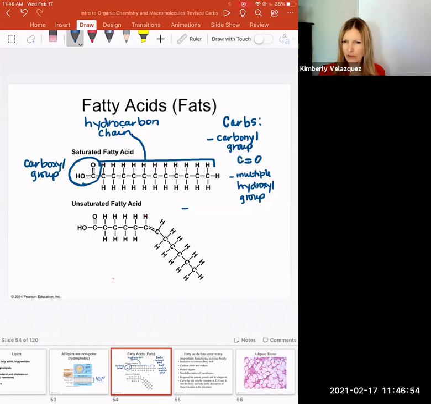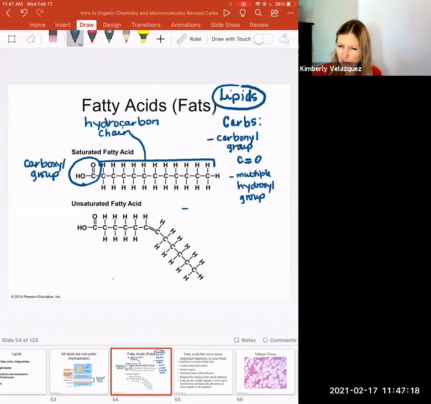Now you'll see this carboxyl group when we talk about proteins also, because amino acids also have a carboxyl group, but amino acids don't also have a hydrocarbon chain. So you really need both of those clues to tell you that you are looking at a lipid. So remember, fatty acids fall in the category of lipids on our list of macromolecules.